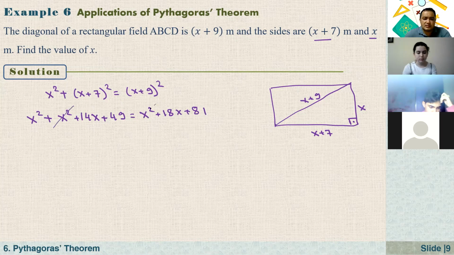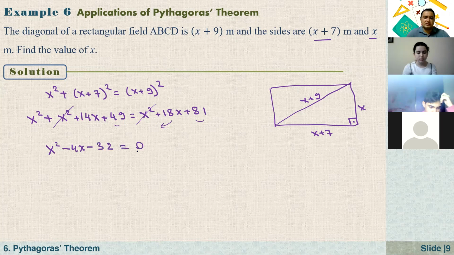These are the same things, so we can just cancel them out because we can subtract x squared from both sides. And after that, we can simplify this. Here we have x squared, and take 18x to the left-hand side, 14x minus 18x, that is minus 4x, and 49 minus 81, that is minus 32.